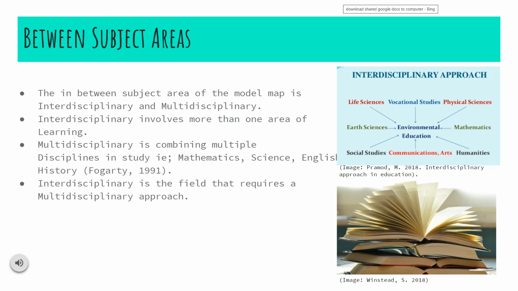The multidisciplinary is combining multiple disciplines in study, for example, mathematics, science, English, and history. Interdisciplinary is the field that requires a multidisciplinary approach. This is basically saying that to use interdisciplinary or multidisciplinary, you need one or the other because it is the approach that you need for that model.